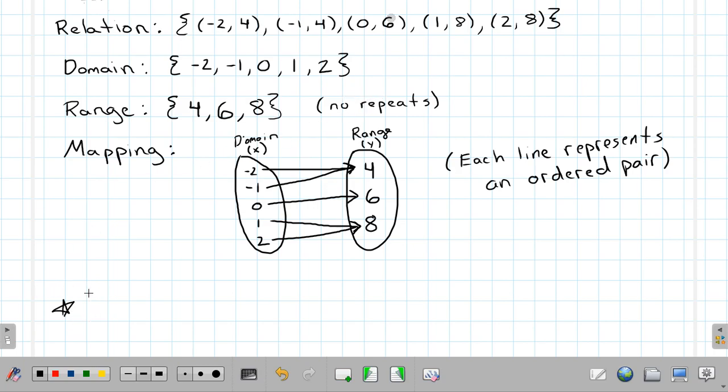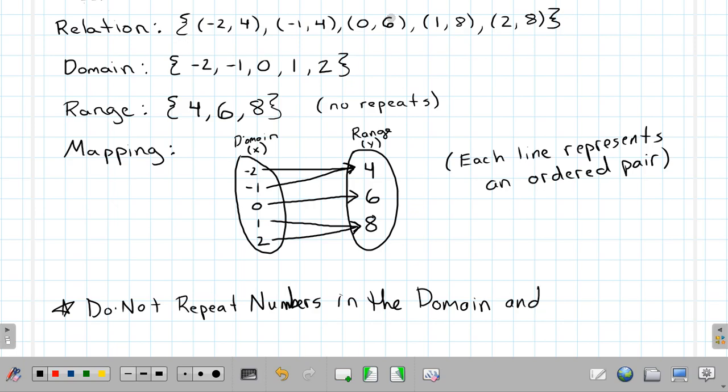So that's what I'm saying down here in the very last thing: do not repeat numbers in the domain and range.